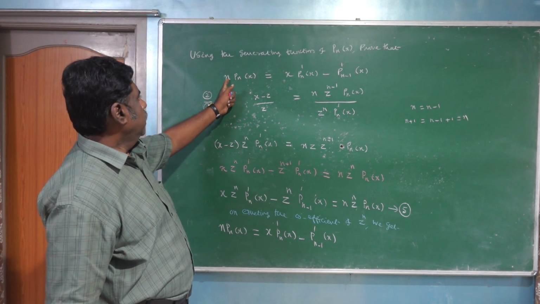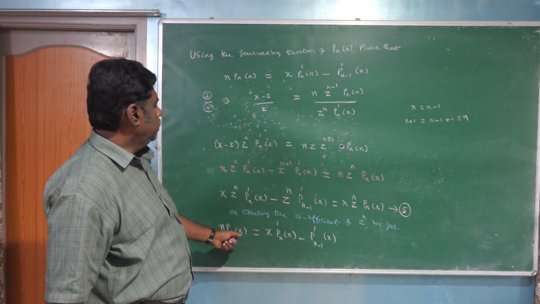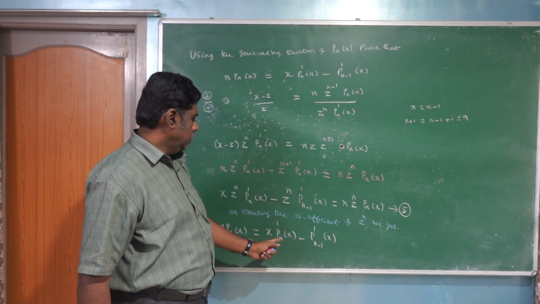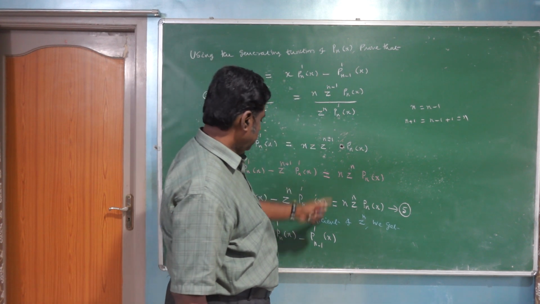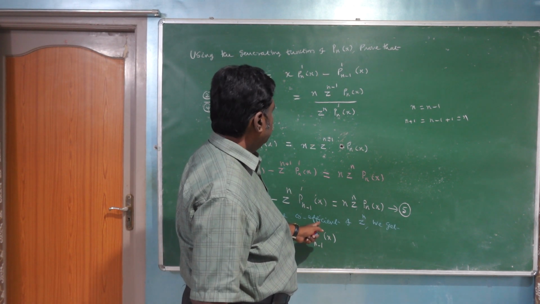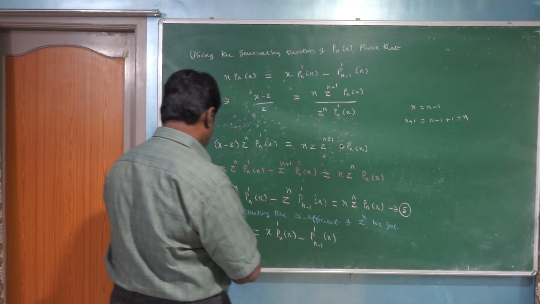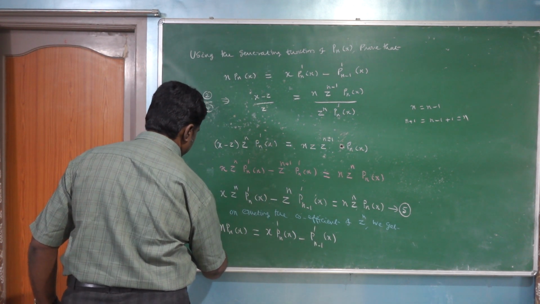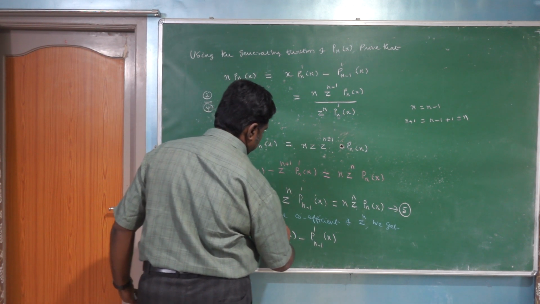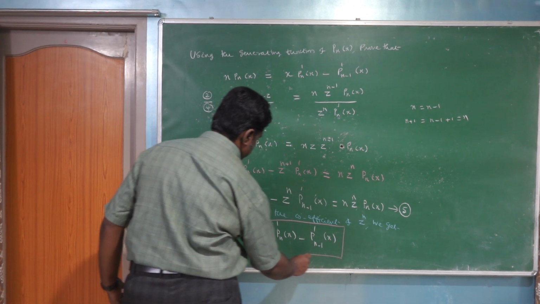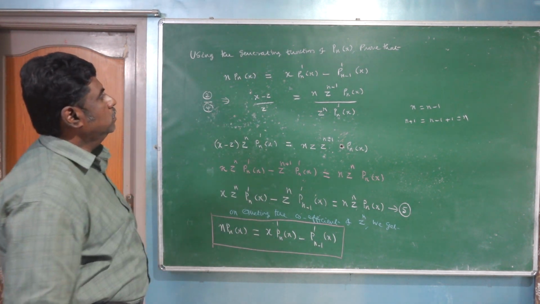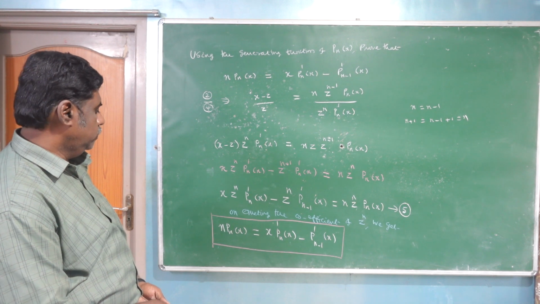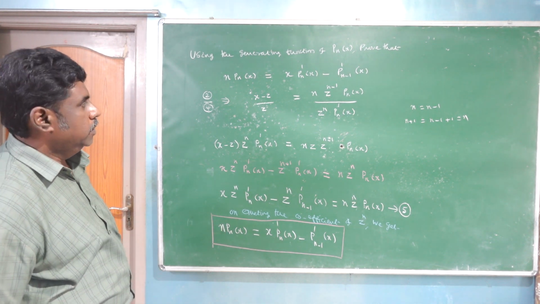Here n into Pn of x is equal to x into Pn dash of x minus Pn minus 1 dash of x. Hence the required result is right. Using the generating function of Pn of x, we have proved the result.